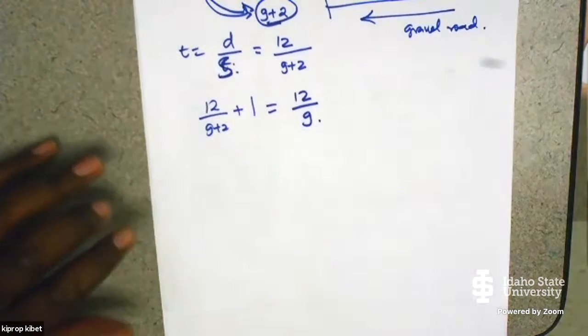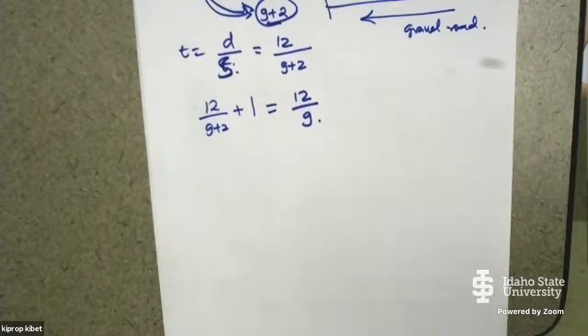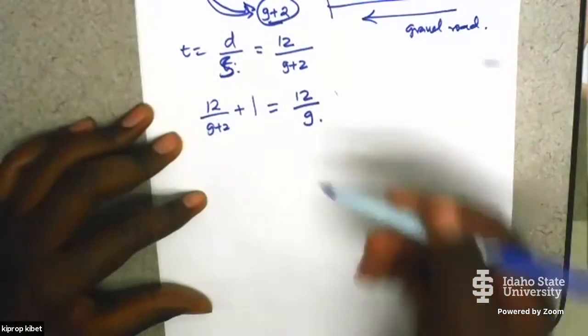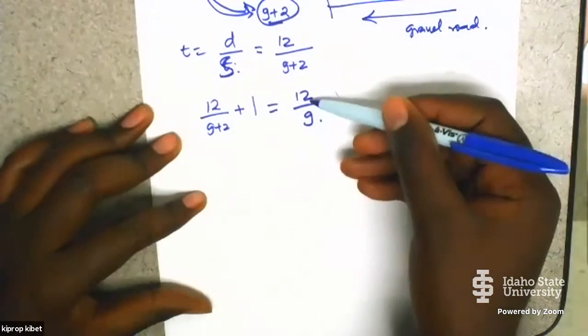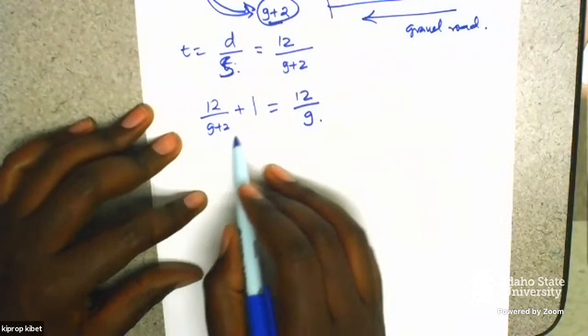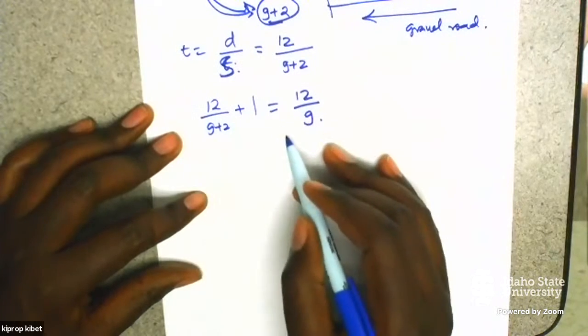Are we together? So the time that it takes is faster when he's using the asphalt. Now, on the gravel road, it takes that time plus 1 hour. To get this time here, it is the distance all over the speed, plus 1 hour.